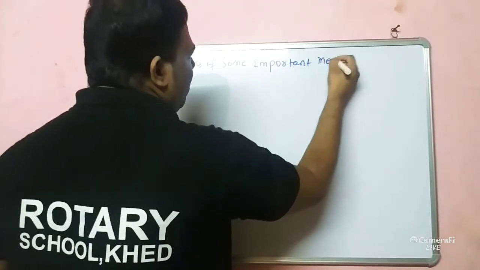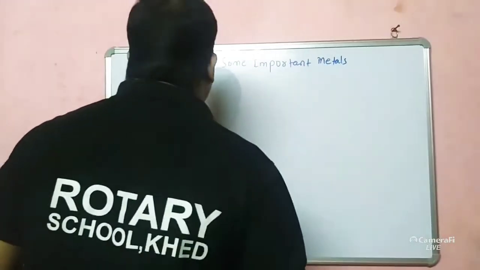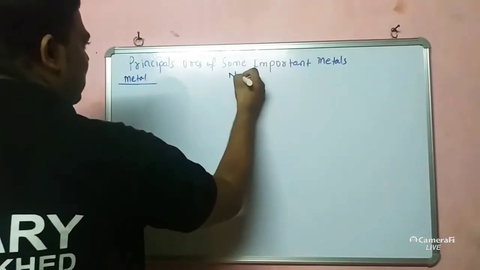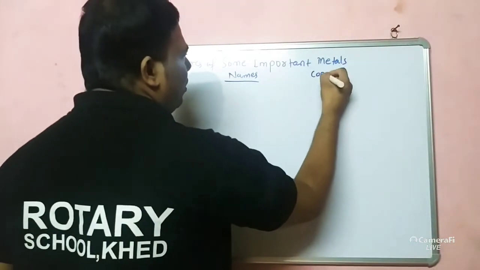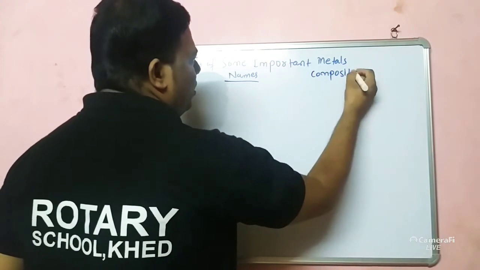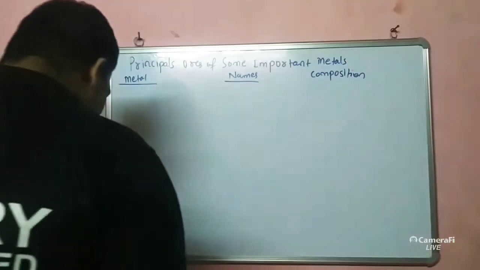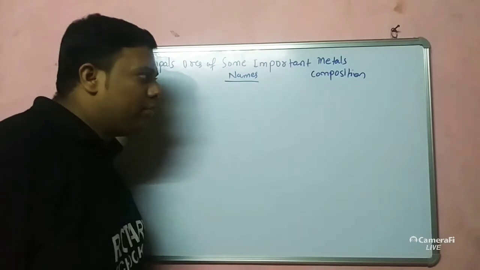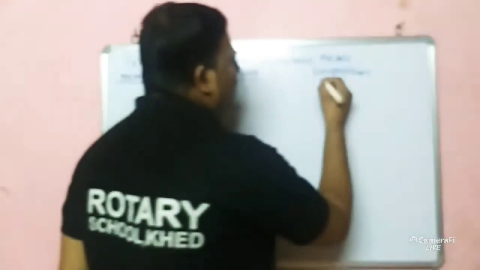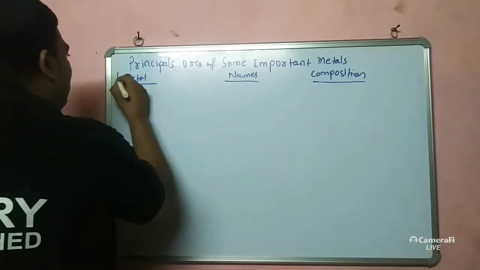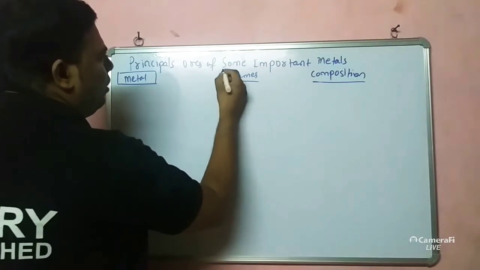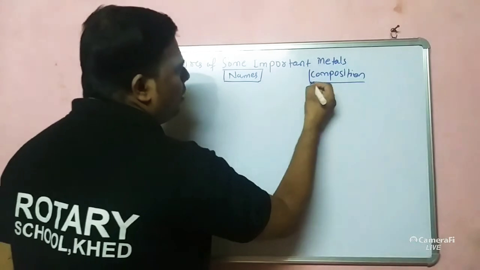Here we will discuss the metal, their names, and their composition, which means whatever chemical formulas are there. So like that we want the composition. I hope you understood these principal ores of some important metals.